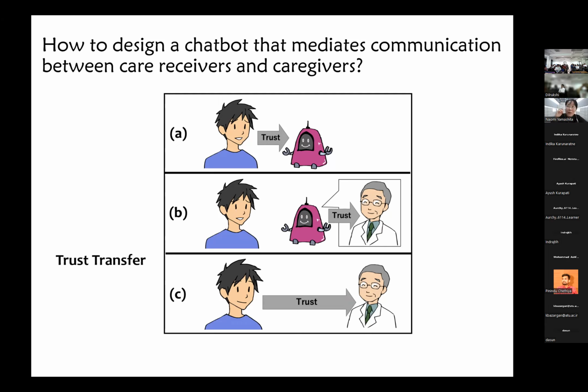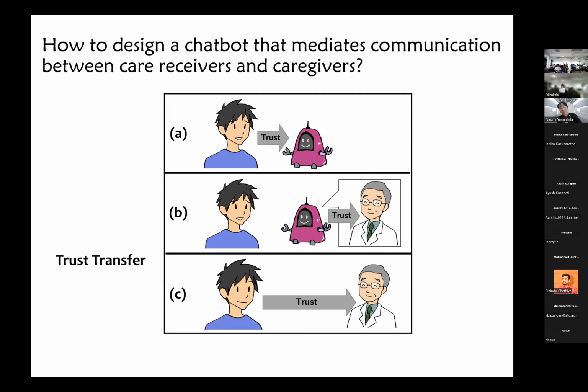Actually, when I started doing research on depression, I tried to contact family caregivers who are taking care of depressed individuals.